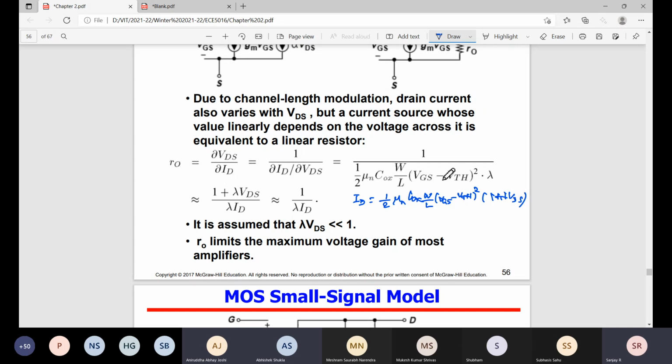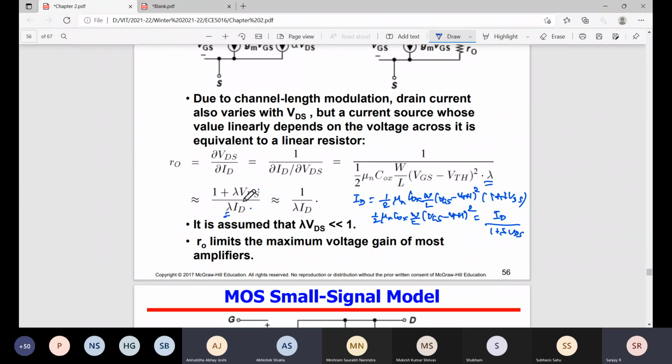Here you can see after differentiation this term is there. From this I can write half mu n Cox W by L (VGS minus VTH) whole square equal to ID divided by 1 plus lambda VDS.